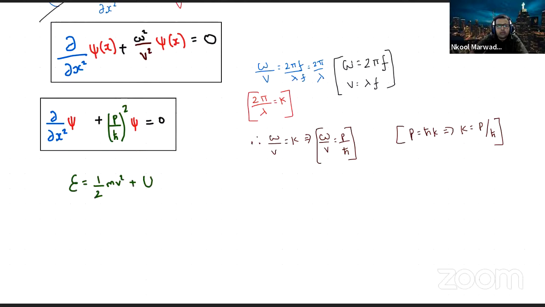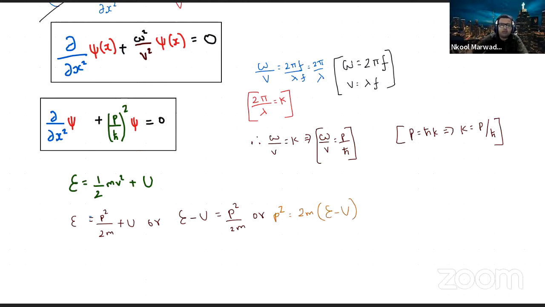I can multiply both numerator and denominator by mass and get p square by 2m plus u is equal to E. Or I can write E minus u is equal to p square by 2m, or p square is equal to 2m multiplied by E minus u.